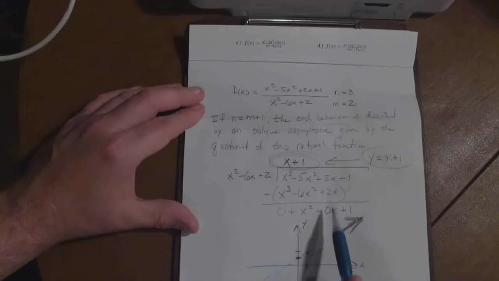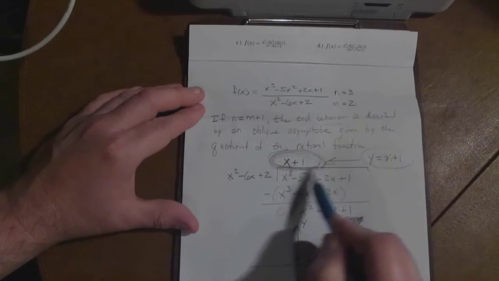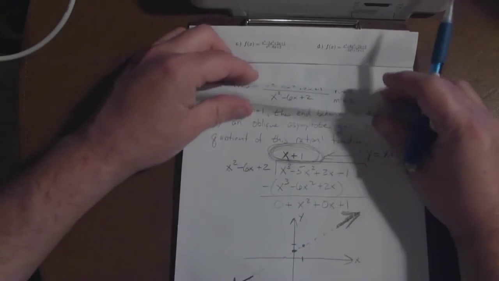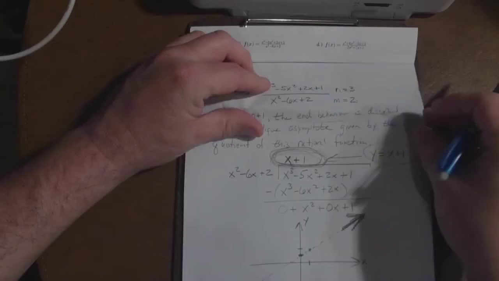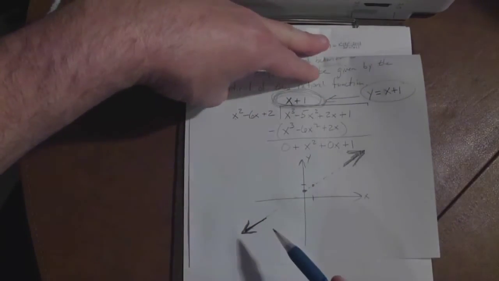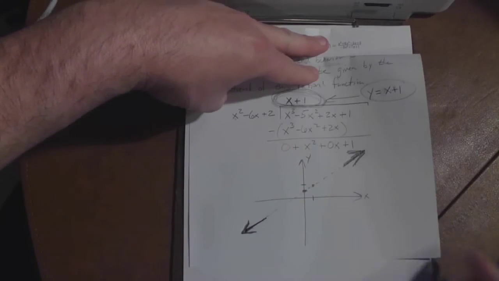You don't have to carry it all the way out to the end. You just have to do it for 2 steps to obtain this linear description. Once you have that linear description, that line describes where the ends of your graph will be in this rational function.